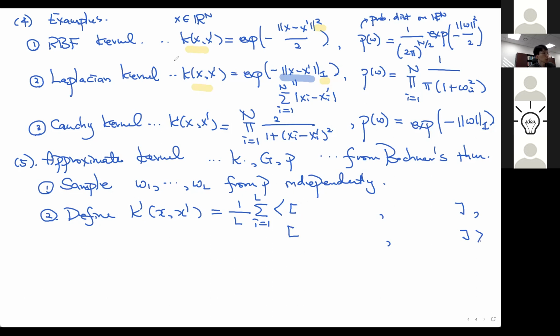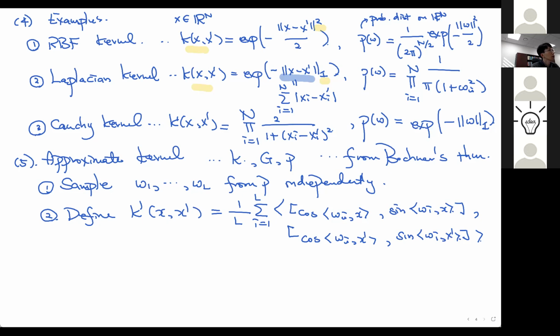The first uses x, the second uses x prime. Both are defined like this: cosine of Wi x and sine of Wi x, and also cosine of Wi x prime and sine of Wi x prime.